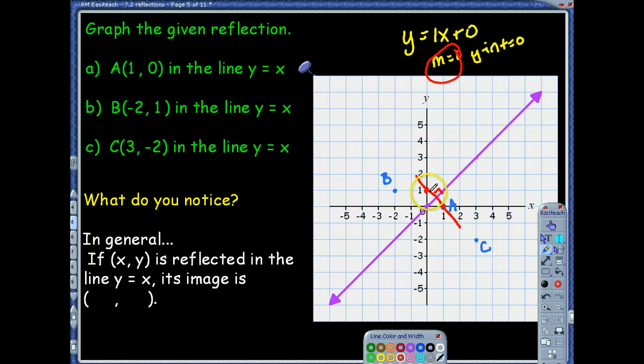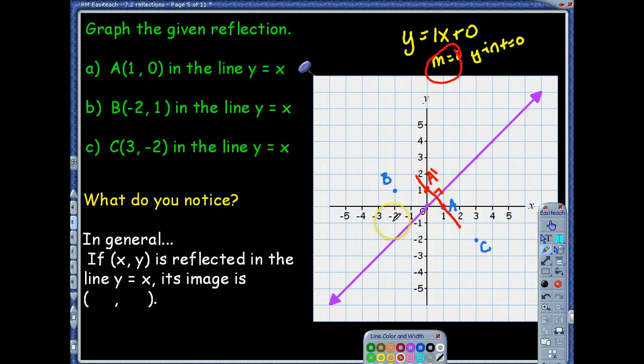So this point right here is going to actually be my point A prime. So we can think about slopes because slopes really help us to get that idea of perpendicular. If it helps, guys, you could even just draw in a line and then just look. You're going to notice that you're going to be counting really parts of diagonals, if that kind of helps to think about that.